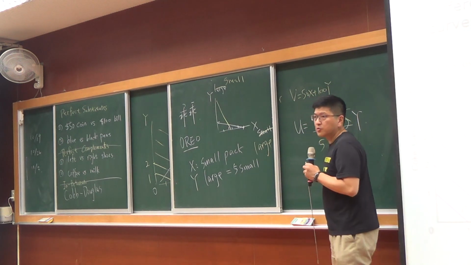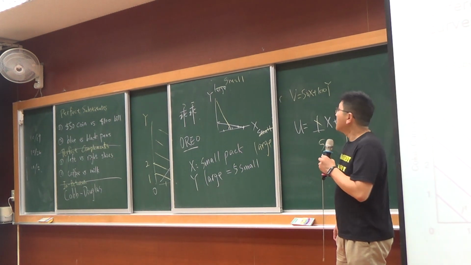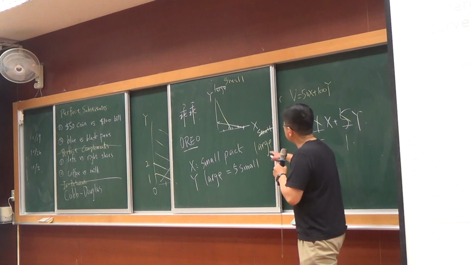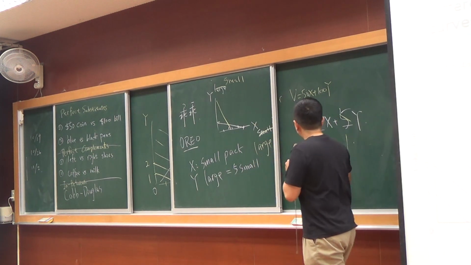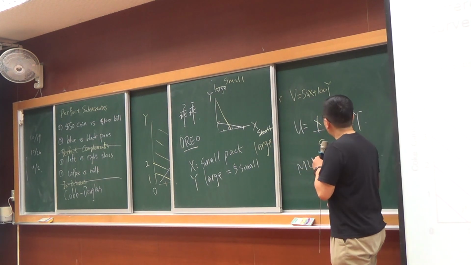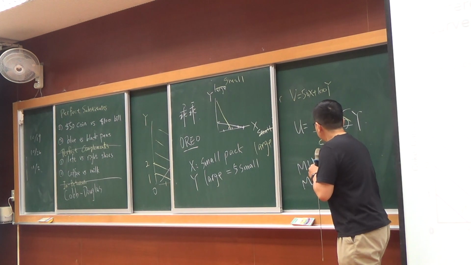What do you mean U1 and U2? Okay, the marginal utility, in the first case, if it is small, large, then MU1 would be 1, and MU2 would be 5.